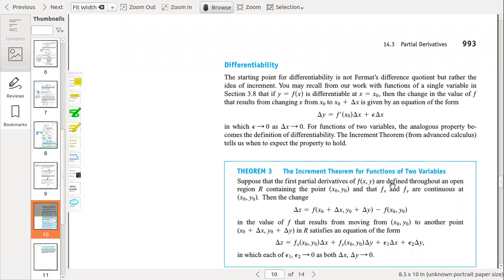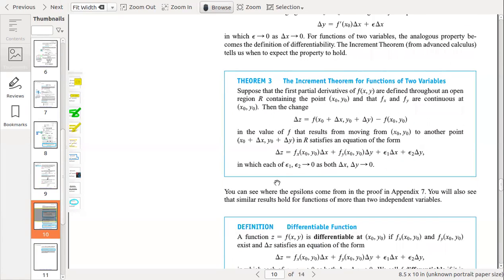So here is the differentiability. So what is the increment theorem? Suppose that first partial derivatives f of x and f of y are defined throughout an open region R containing the point x naught, y naught, and that f of x and f of y are continuous at x naught, y naught.